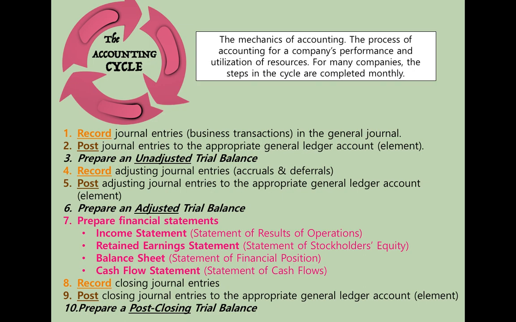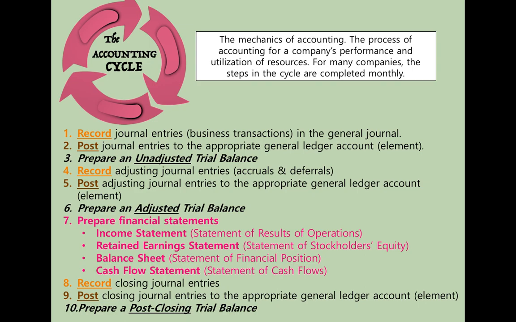The reason that I put this together is just to show you that there is a repetitive process. Record journal entries, post journal entries, and then prepare a trial balance. So record, post, trial balance, record, post, trial balance.